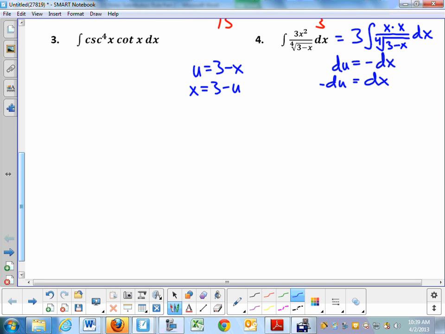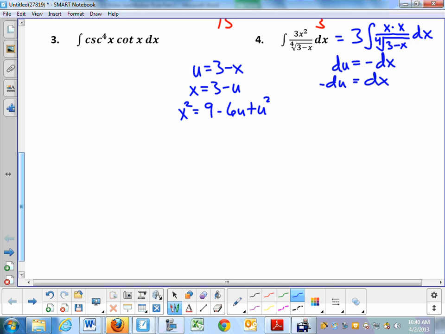So instead of x, we have x squared is equal to 9 minus 6u plus u squared, right? So I'm pretty close to now making my substitution.